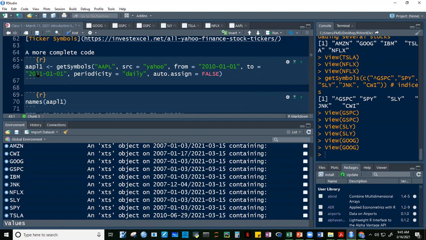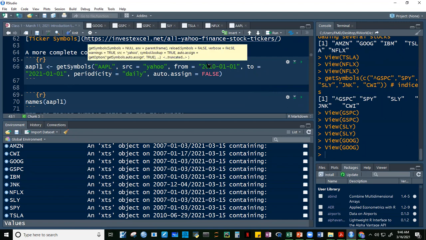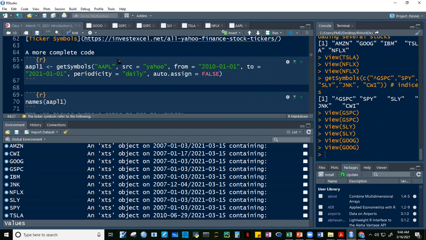No? So let's create an object called AAPL1 using the getSymbols from Quantmod. So the stock that we're going to download is Apple. The source is Yahoo, and then let's just download from 2010 January 1 up to 2021 January 1.